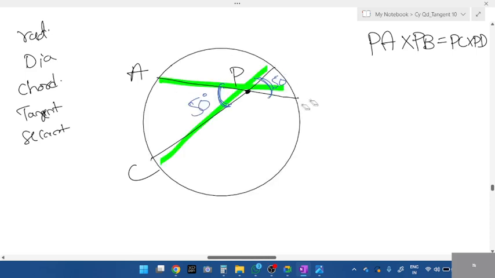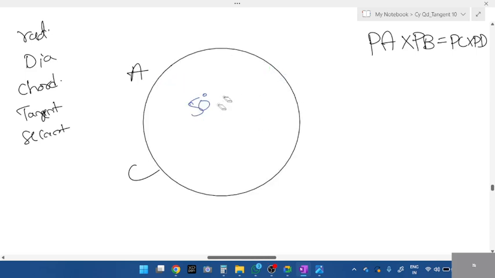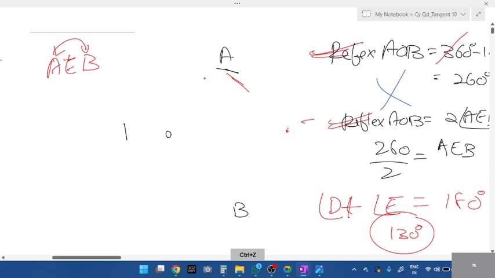Next, what if 2 chords intersect externally? This is not a chord, this becomes a secant.